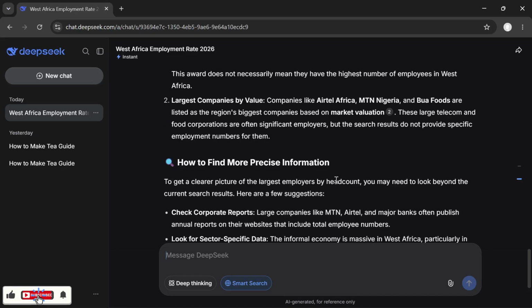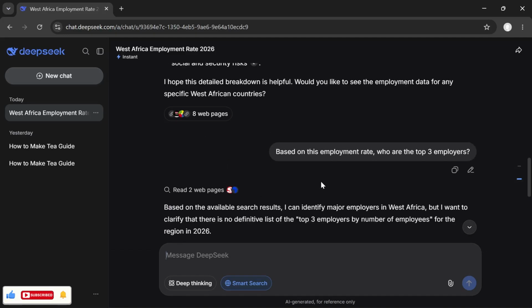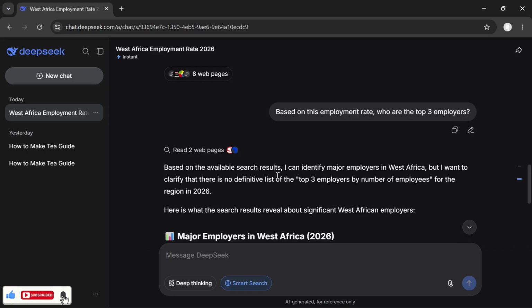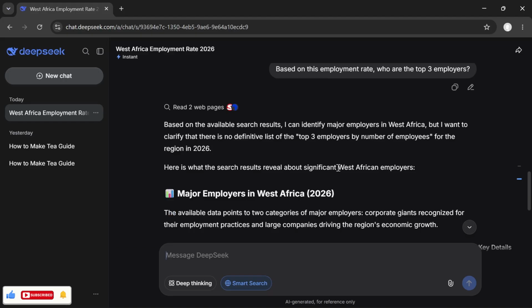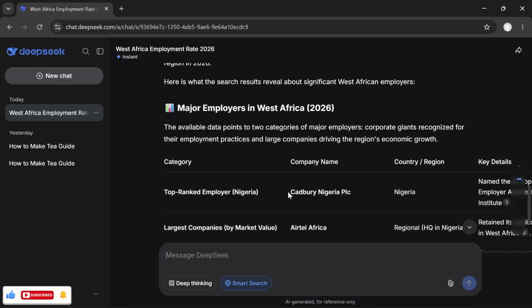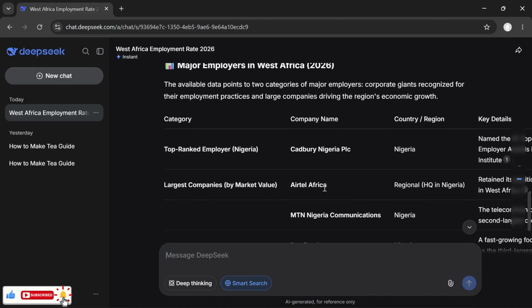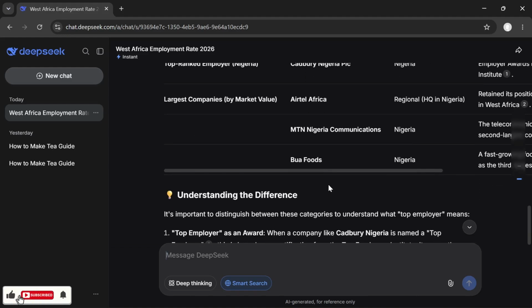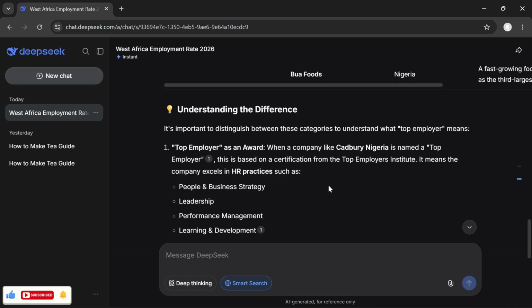Now you also see again that the response is a follow-up to the first one that we prompted. Then the next one here is that it has given you major employers in West Africa, has broken them down into categories and has mentioned them here. Okay, so it's better doing it this way instead of putting everything together in one prompt.